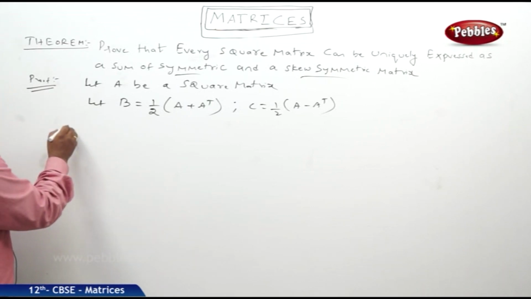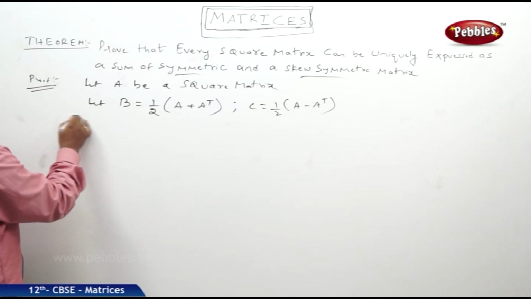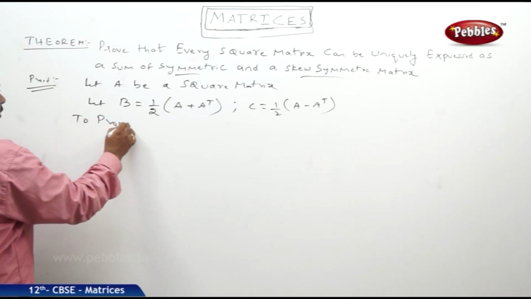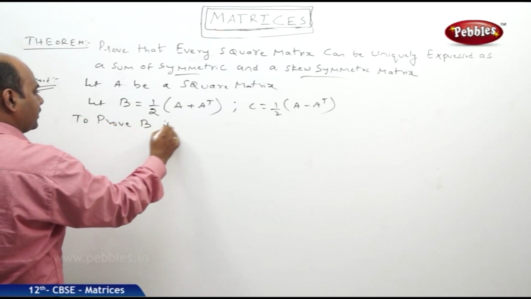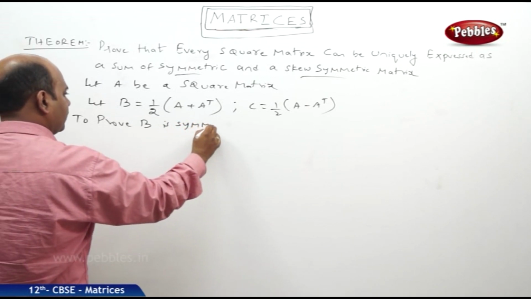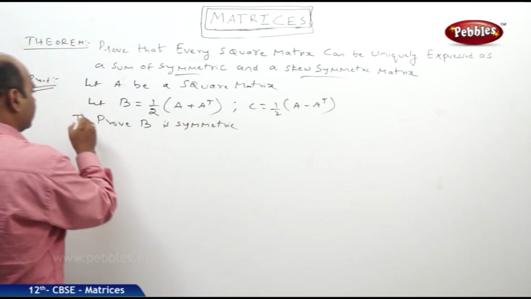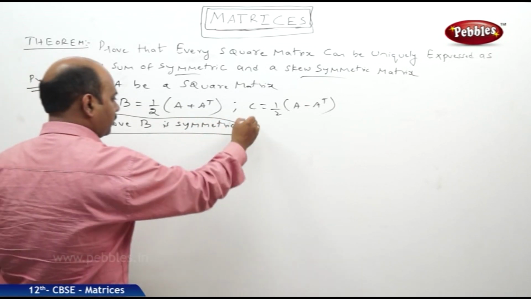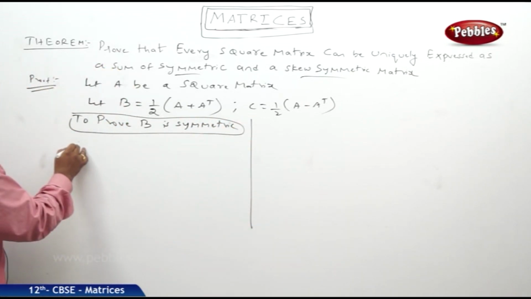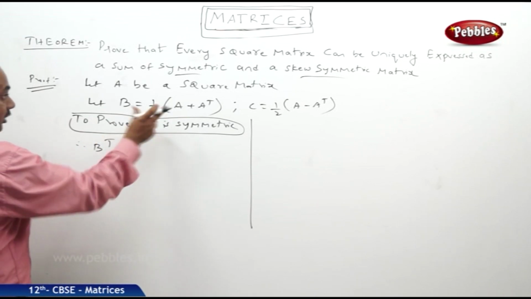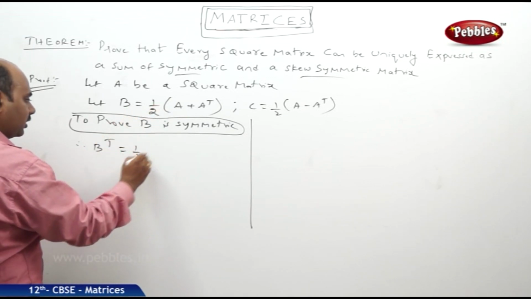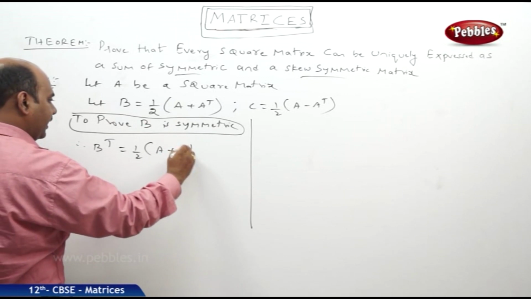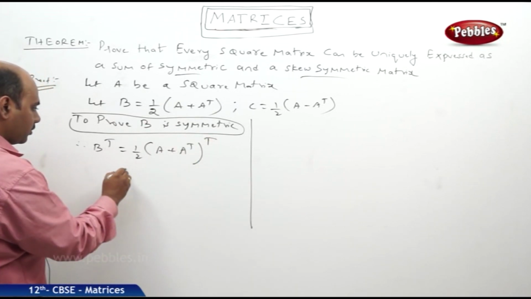So what happens, to prove capital B is symmetric, I will be finding out B transpose, finally I should get B only. So 1 by 2 into A plus A transpose whole transpose.